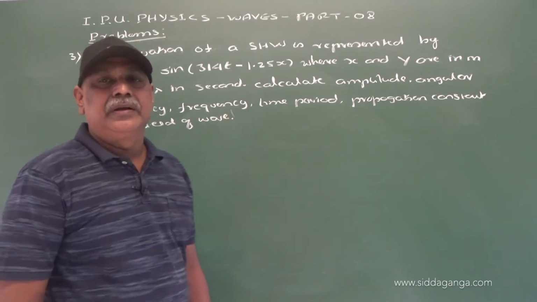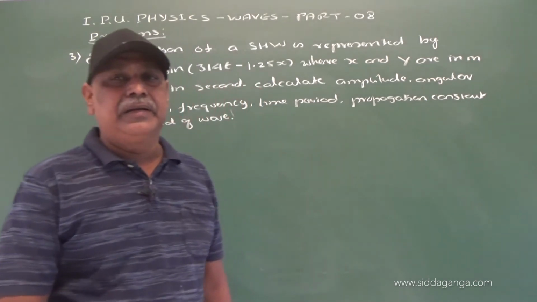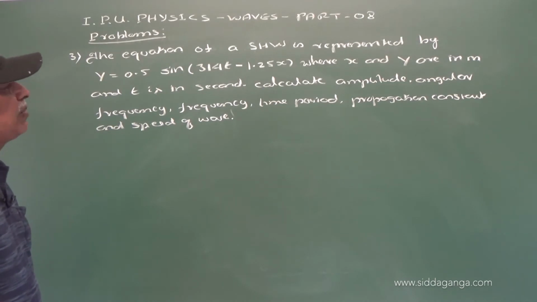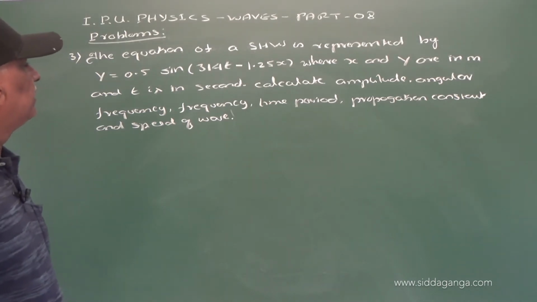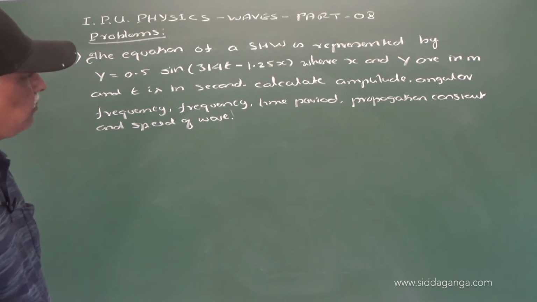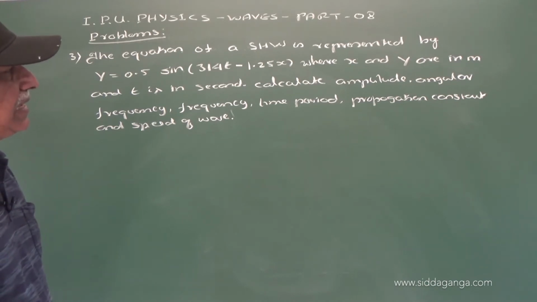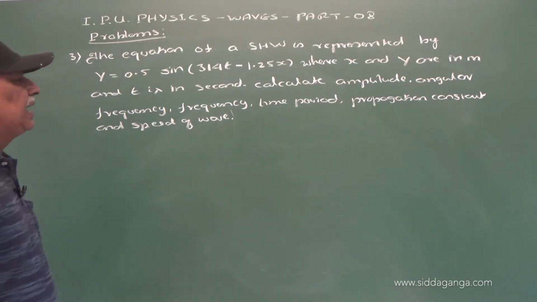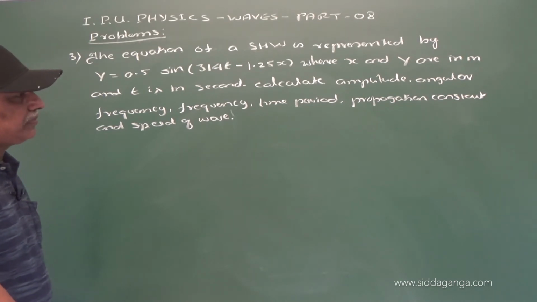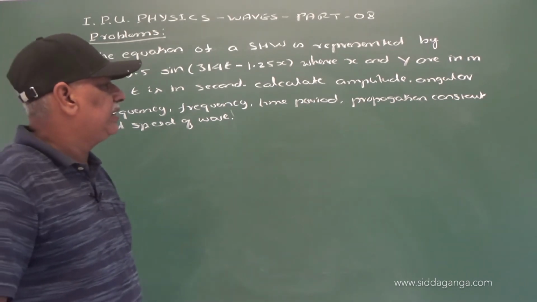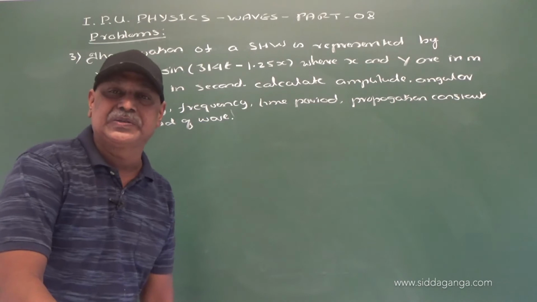Now, so carefully read the problem. The equation of a simple harmonic wave is represented by y is equal to 0.5 sine (314t minus 1.25x), where the distances x and y are in meter and t is in second. Calculate amplitude, angular frequency, frequency, time period, propagation constant, and speed of wave.